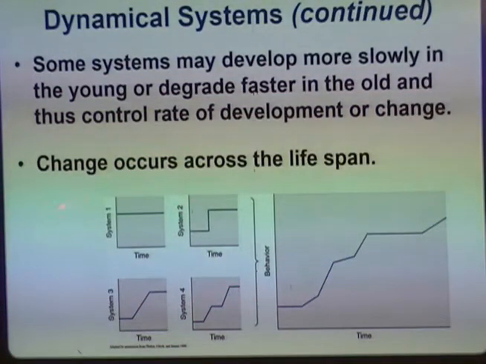So if you put all those systems together, then over time, what I would see was the interaction of those systems would be movement changing in relation to the systems.